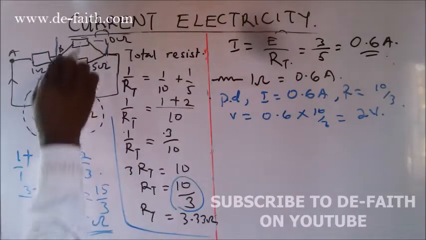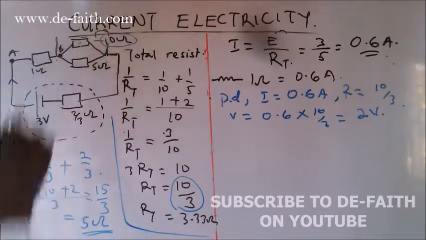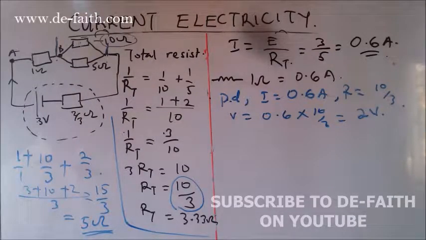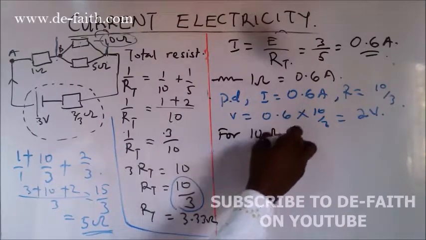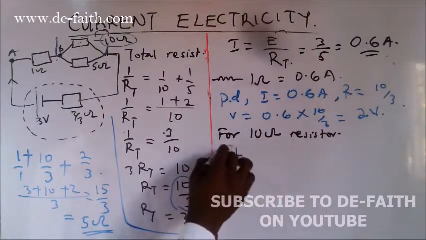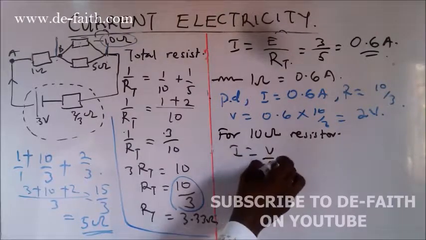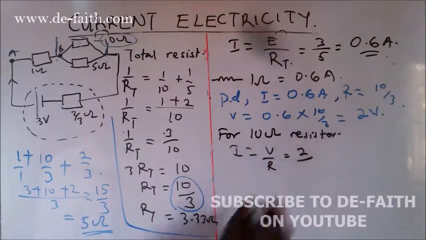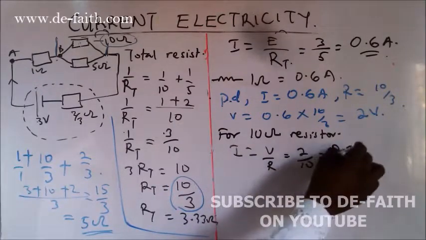Now we're going to use that potential difference with this 10 ohms to calculate the current flowing through this place. So for the 10 ohm resistor, the current flowing through it will be the voltage over R. The voltage is 2 volts over 10, and that will be 0.2 ampere.